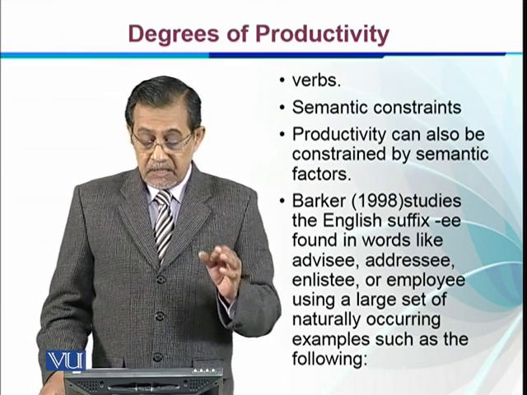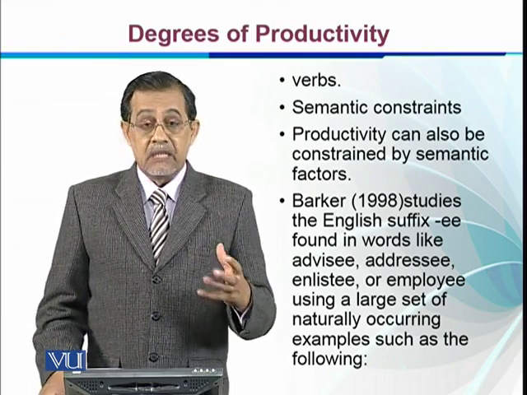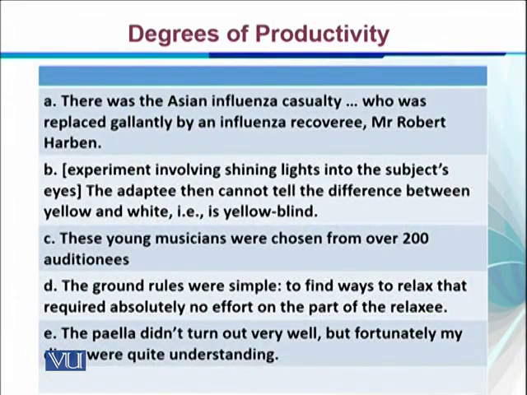There was the avian influenza casualty who was replaced gallantly by an influenza recovery, Mr. Robert Harburn. Experiment involving shining lights into the subject's eyes. The adaptee then cannot tell the difference between yellow and white, is yellow blind.